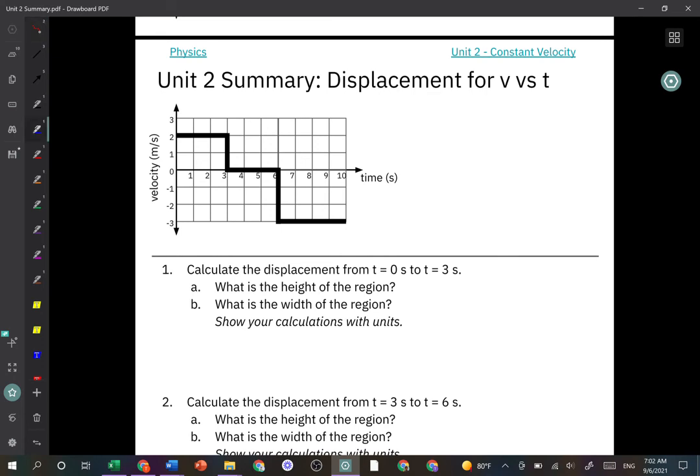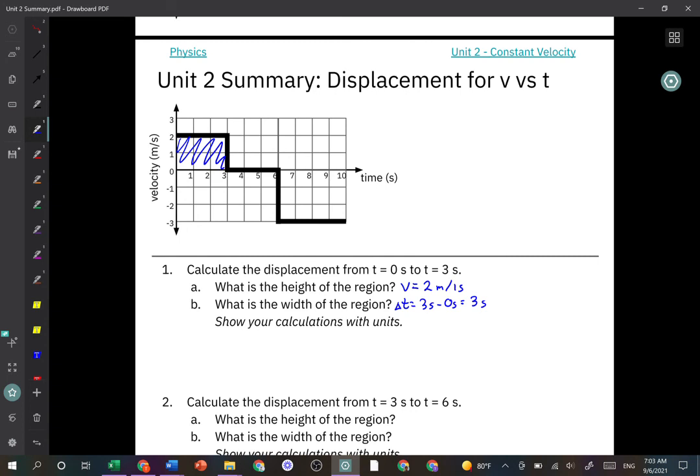So, for problem 1 on this back page, calculate the displacement from 0 to 3 seconds. Well, so I'm going to be looking at this area up here. The height of this region, our velocity, is 2 meters every 1 second. Our width of this region, that change in time, it's going to be our 3 seconds minus our 0 seconds, which is 3 seconds total.